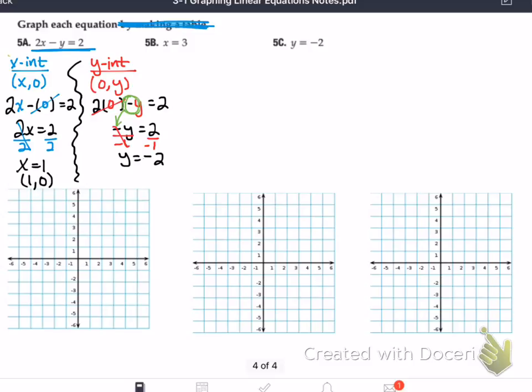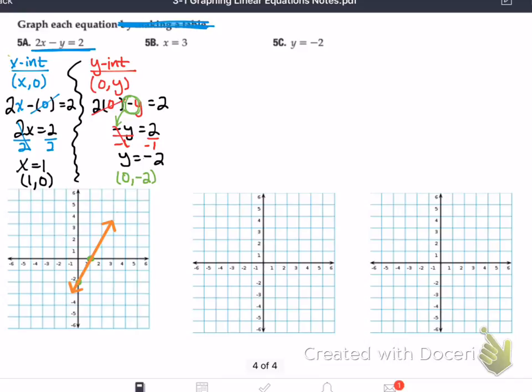Then I get y is equal to negative 2, which means my coordinate point is 0, negative 2. So 1, 0 is over here, and 0, negative 2 is right here, and then I'm going to make a line that cuts across both. And so that's how we use the x and y intercepts.